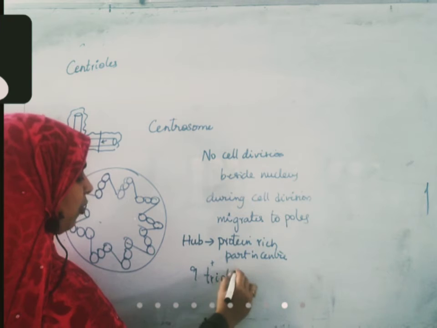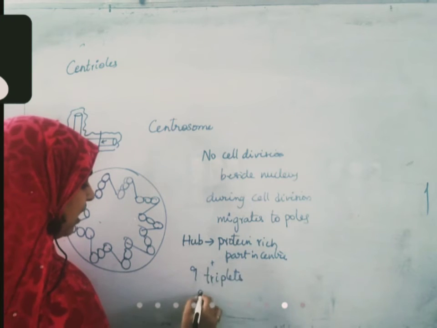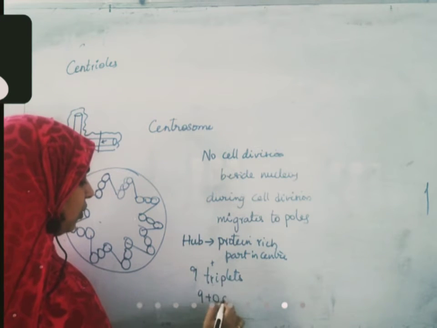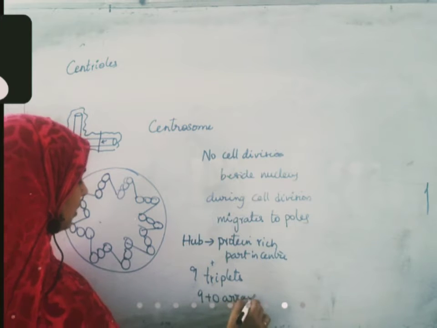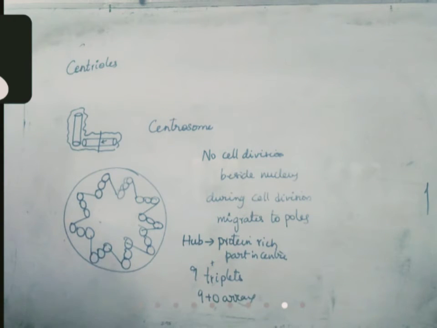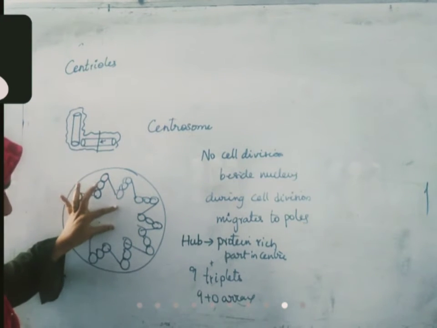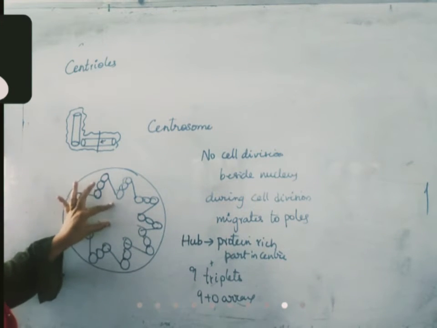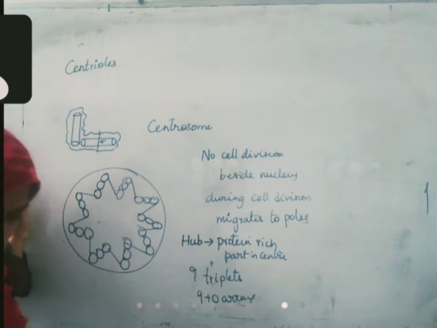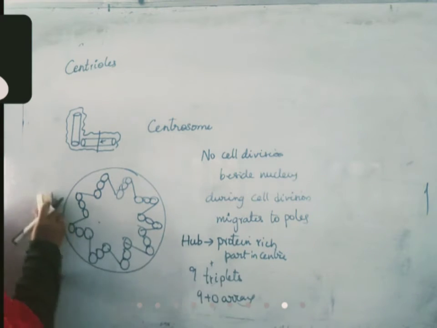So this type of arrangement is called a 9 plus 0 array. There is nothing in the center, so it is called a 9 plus 0 array, which is seen in centrioles. 9 triplets in the corners and 0 filaments in the center. Okay, that is about the structure of the centriole.